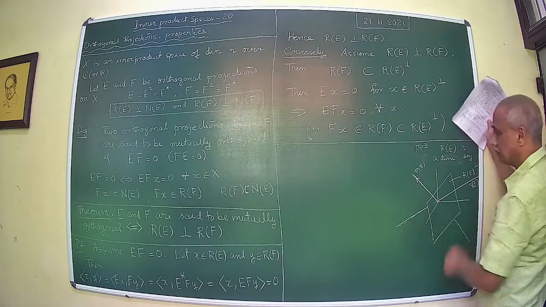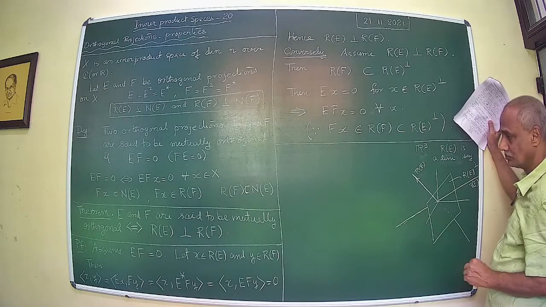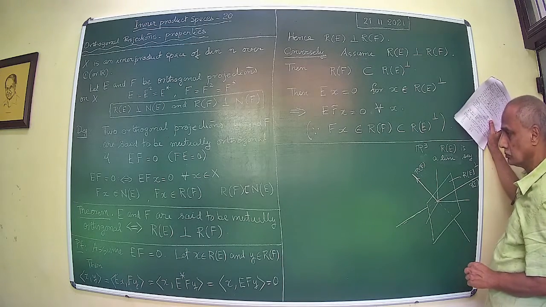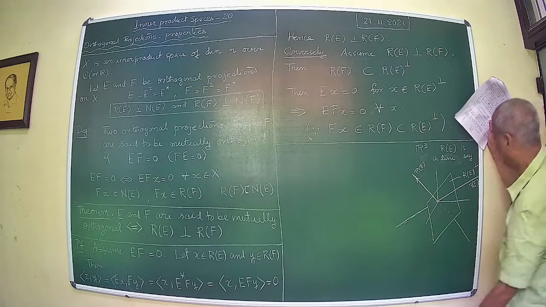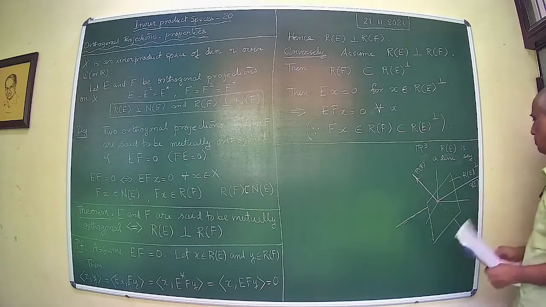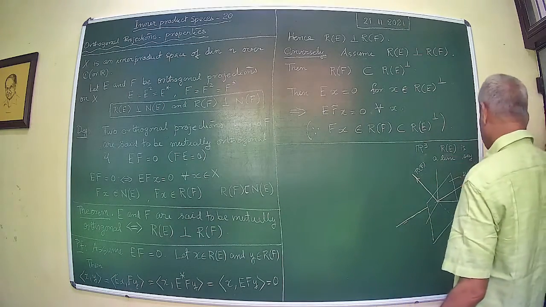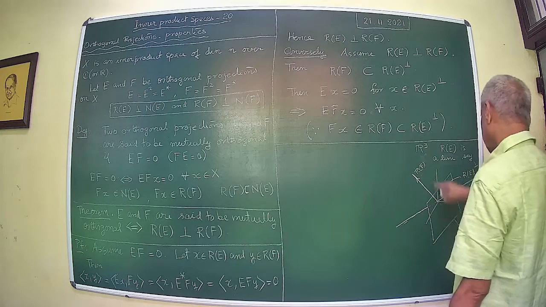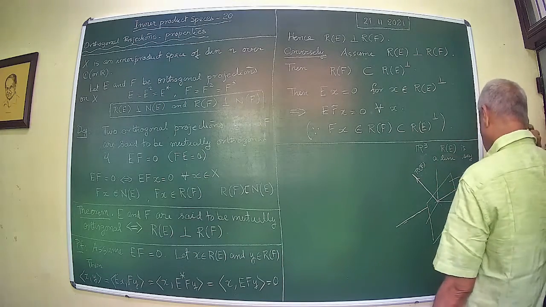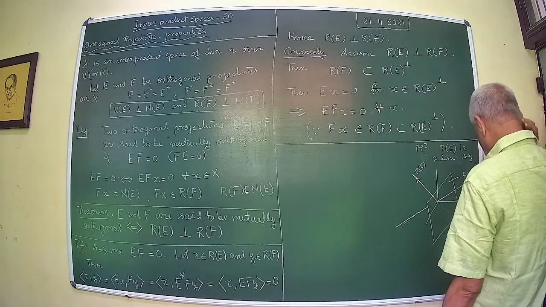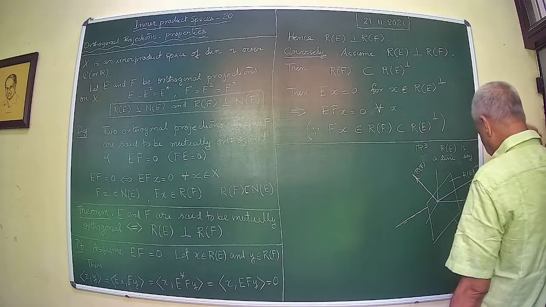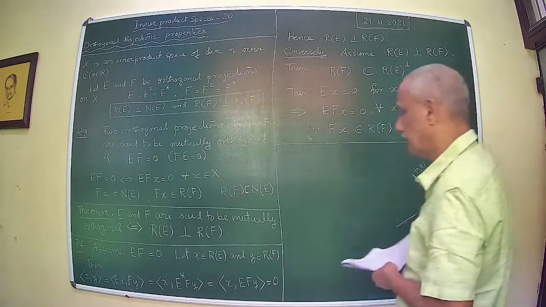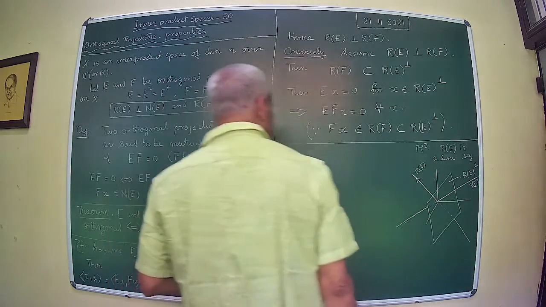That's the picture that you get. What about FE? You will be projecting to RF, and then if you go for the orthogonal projection, you will be applying E, and E will certainly carry this into 0. So you get EF equal to FE equal to 0.